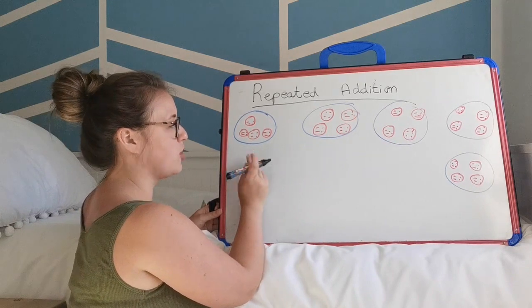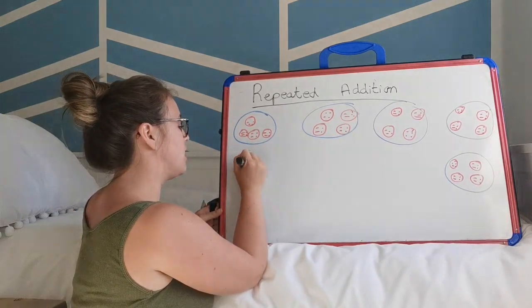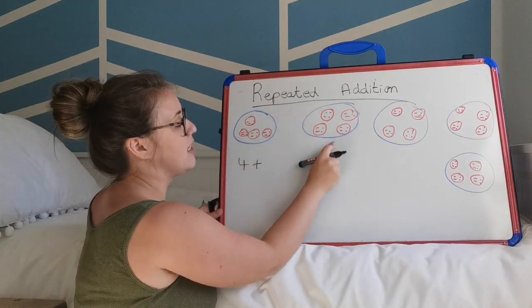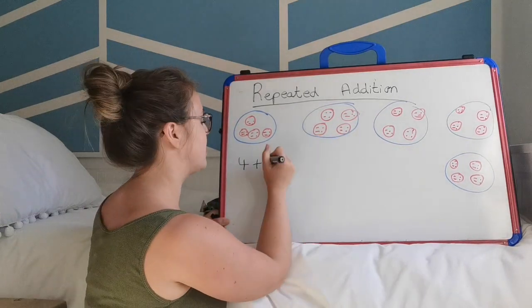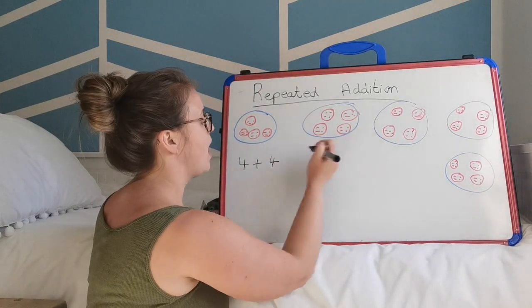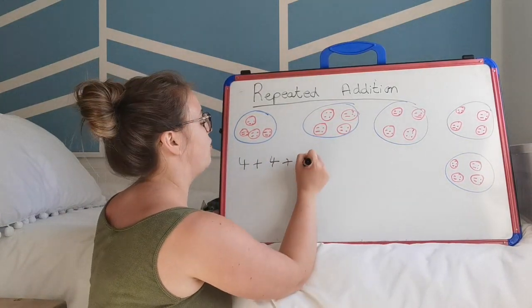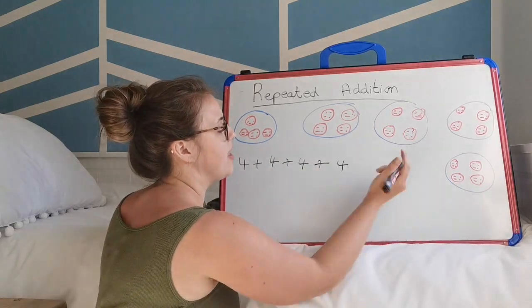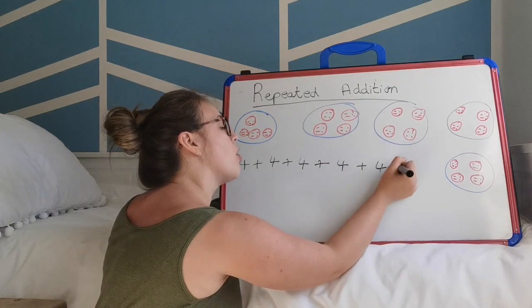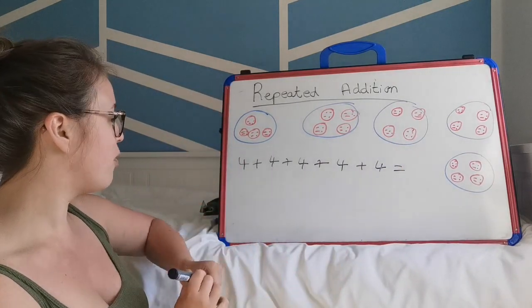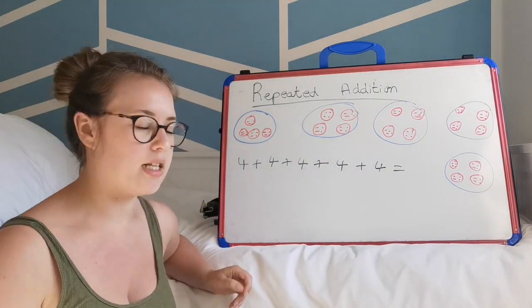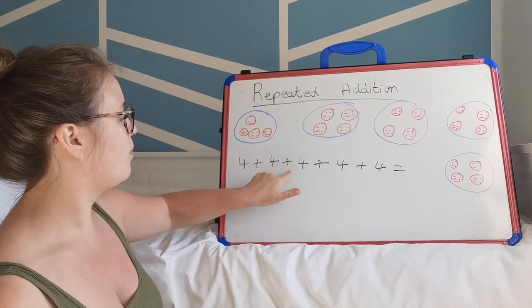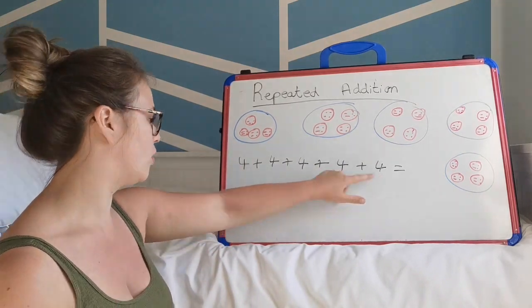So my first group, well, this has got 1, 2, 3, 4 buttons, so it'll be 4, add the next group, which is obviously 4, because they're all equal, add the next group, which is 4, add the next group, which is 4, and then add the next group, which is 4. So this is my repeated addition number sentence. 4, add 4, add 4, add 4, add 4.